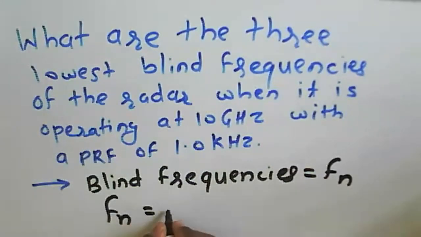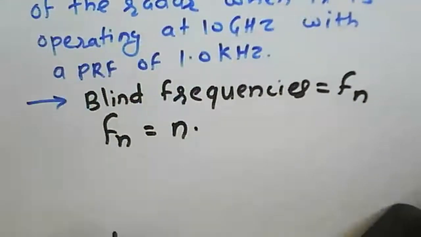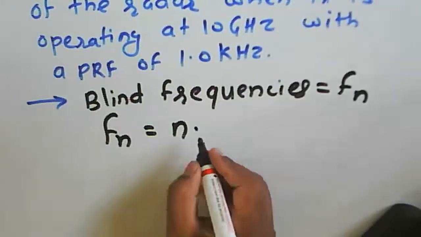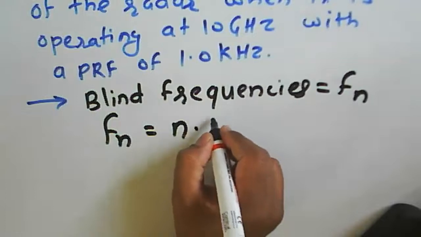So Fn is equal to n, the number of the frequency we need to obtain, into the PRF.